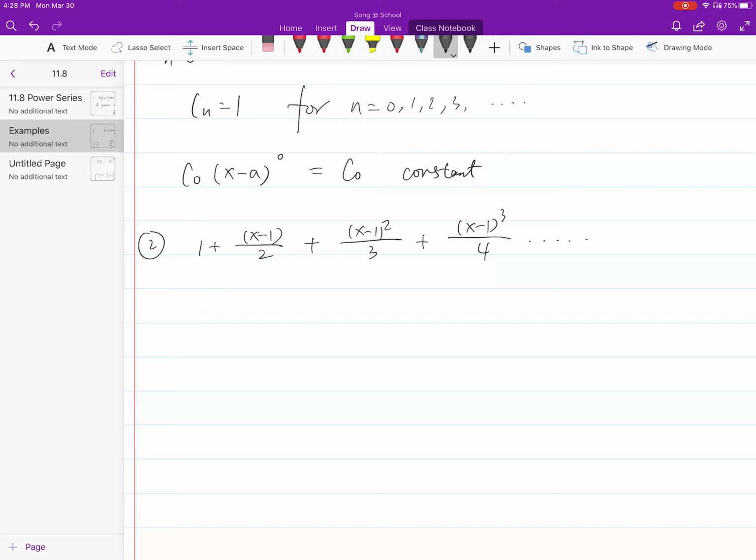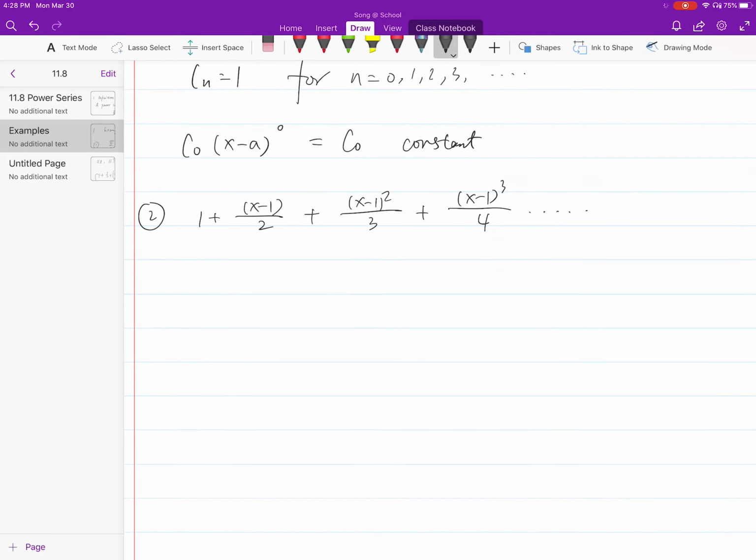Okay. Now let's observe what we have here. Number 1, is it a power series? Well, do you see power? Yes, I do. I see the power of x minus 1. Okay, first power, second power, third power, fourth power, and keep going.